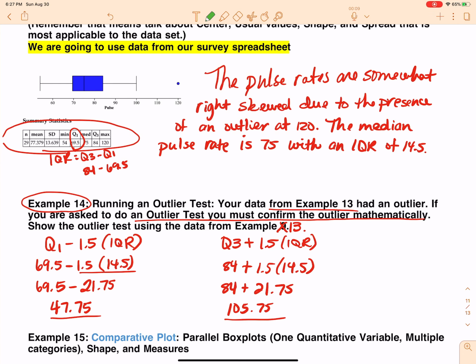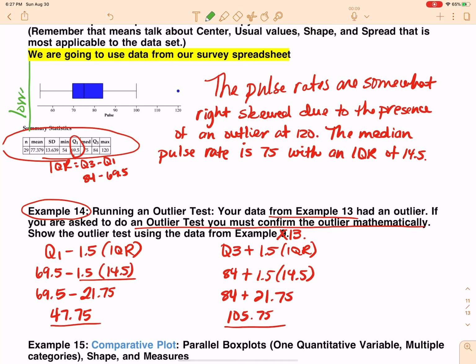So let me illustrate what I am talking about right here. 47.75 would be somewhere over here. Clearly, within the data that we have, nobody had a pulse rate lower than that. So that lower boundary indicates that we do not have a lower outlier.